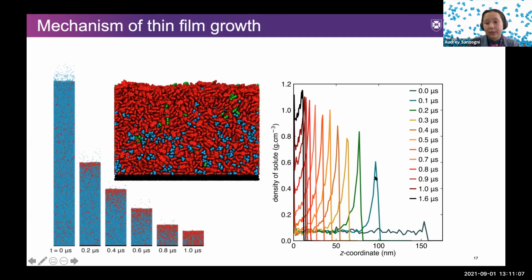And this is illustrated graphically in this image here, where we see the density of the solutes along the z-axis of the system. And we can see it at different points in time. You can see here that the density of the crust remains actually quite constant quite early in the simulation, only decreasing a little bit over time.